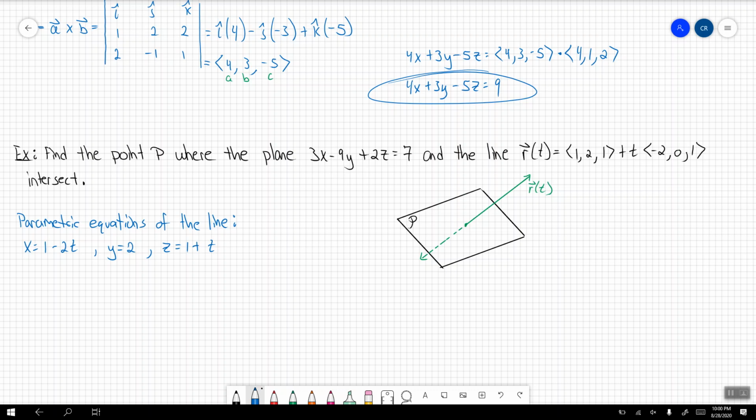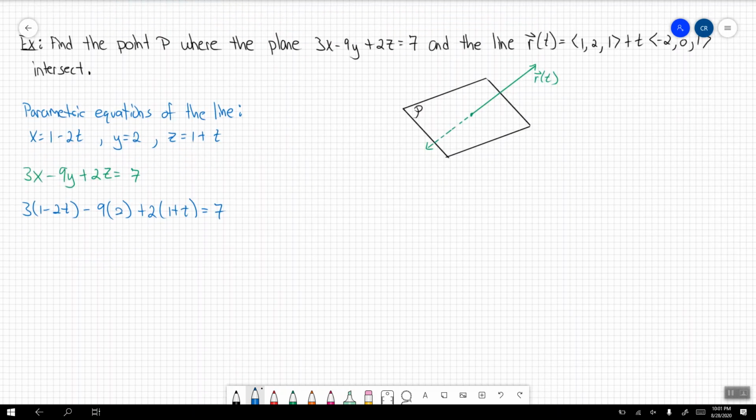So what I'm going to do now is reinterpret this using the equation of the plane that's given to me: 3x minus 9y plus 2z is equal to 7. I'm going to make my substitutions. The x component for the parametric equation of the line is 1 minus 2t. The y component is just 2. And the z component is 1 plus t. And all of this is equal to 7.